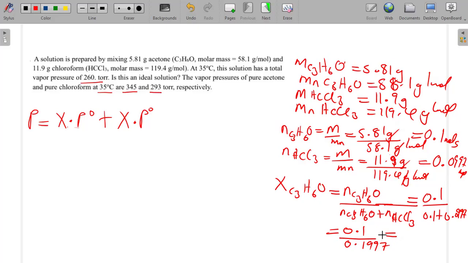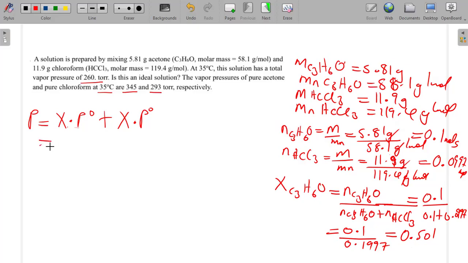When we divide, I'm getting my final answer to three significant figures to be 0.501, right? So this is my mole fraction for acetone.